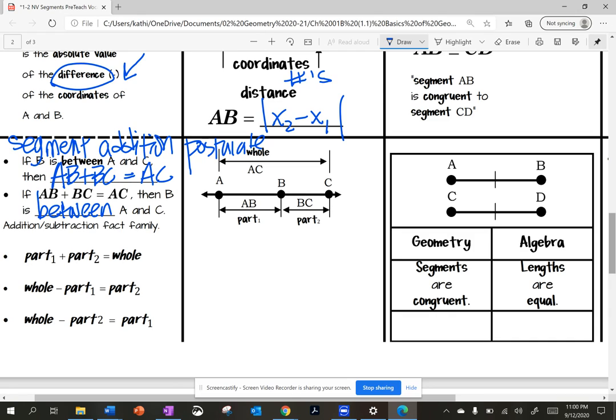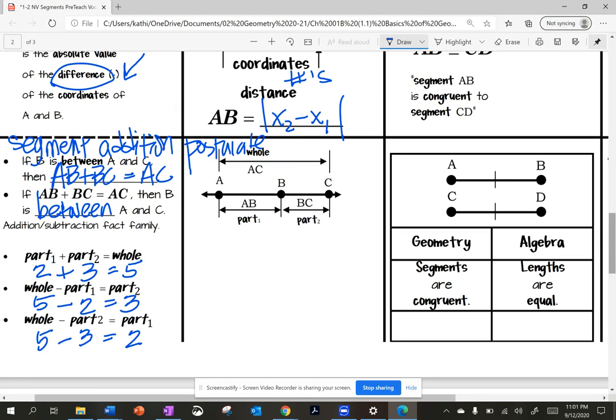So I could say, if I put numbers in here, I could say 2 plus 3 equals 5. Or I could write this as 5 minus 2 equals 3. Or I could write it as another subtraction sentence, 5 minus 3 equals 2. So I have the same process with my segments. So I'm going to say my part plus my part equals my whole.